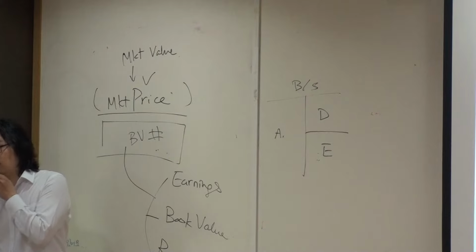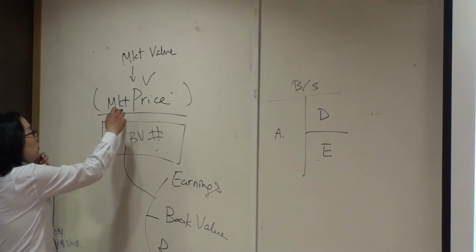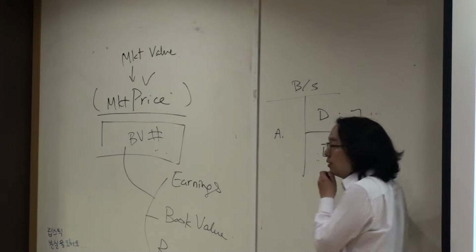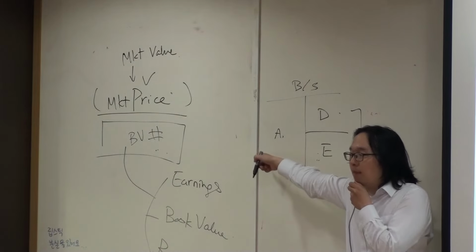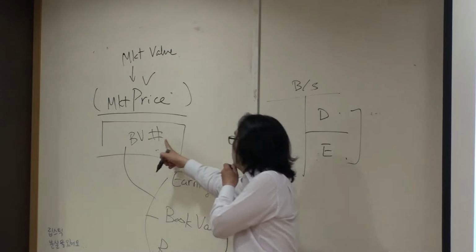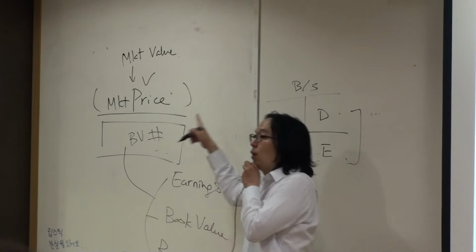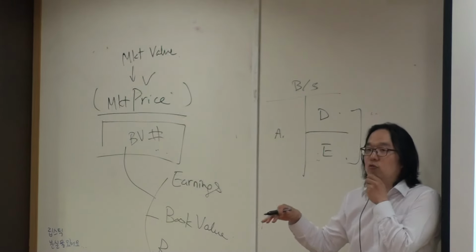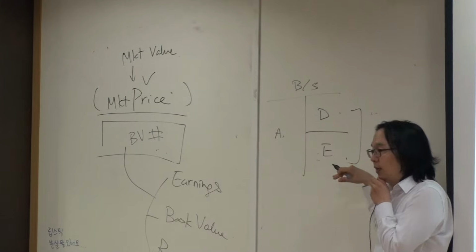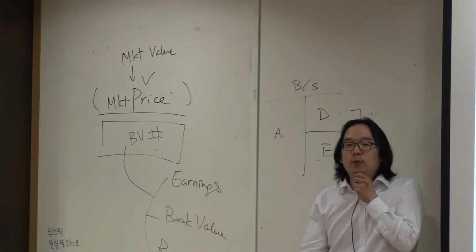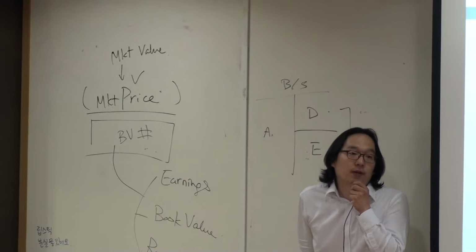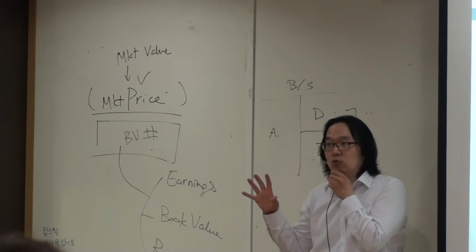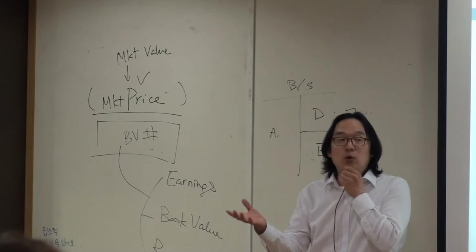Sometimes your numerators may be about both debt holders and equity holders, which is asset, right? If that is the case, you want to make sure the denominator is also about debt holders and equity holders, to be consistent across different kinds of investors. Some multiples are not consistently defined. Some are consistently defined. You want to make a judgment about which one to go with.